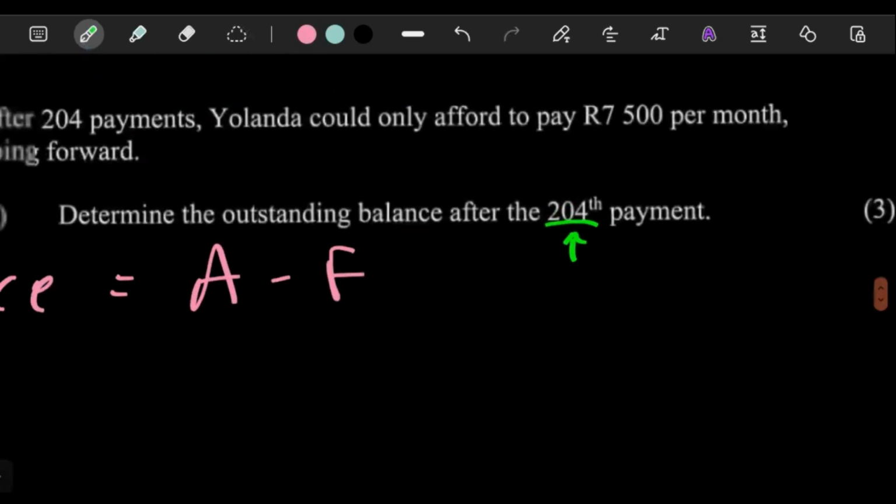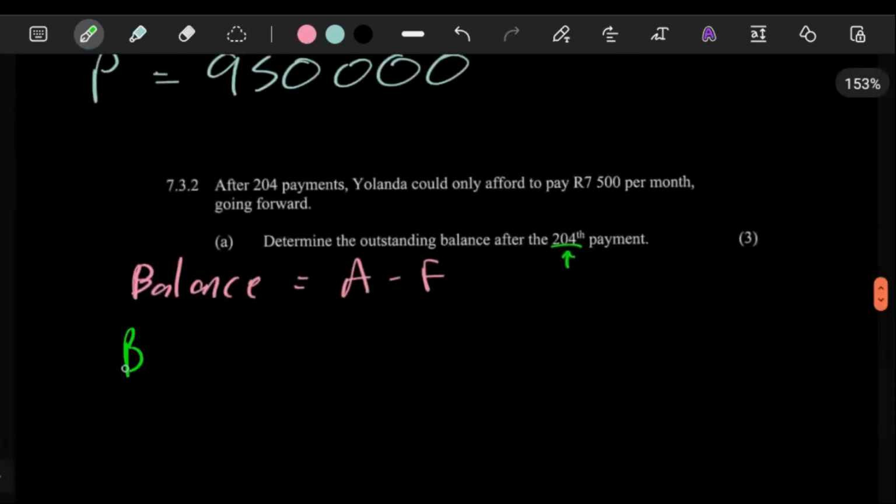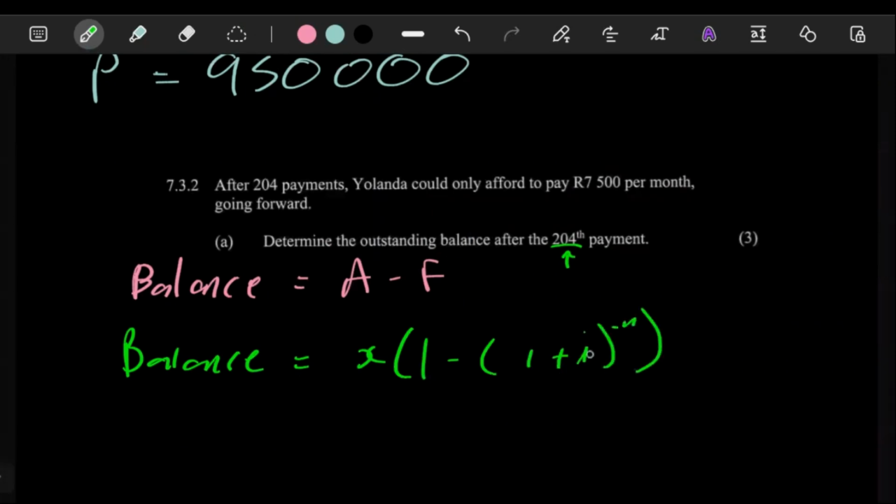The other formula for balance is technically the P formula, but then n would need to be the months remaining. So x times 1 minus (1 plus i) to the power negative n.